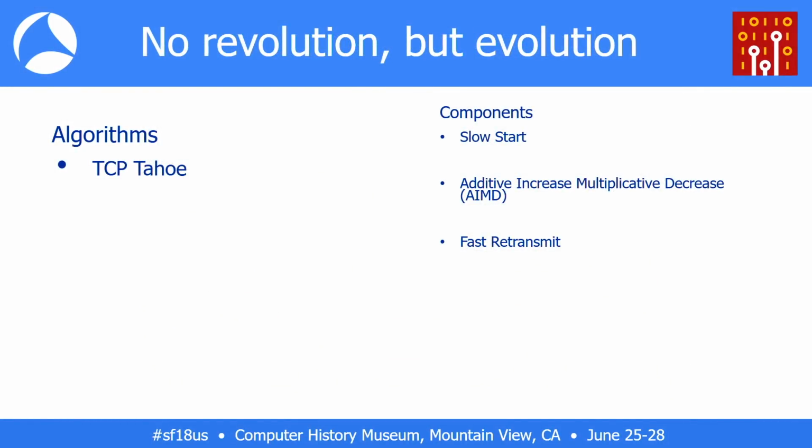So going back in time, not too far, but one of the first TCP congestion algorithms is TCP Tahoe. TCP Tahoe has been, I think, supported with BSD version 4.3, if I'm not mistaken, so that is quite some time ago. And it had already some good components that are still relied on today.